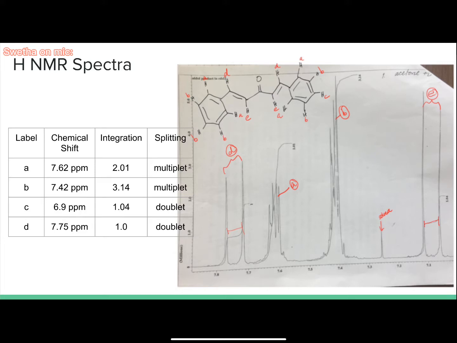This is the most downfield. Lastly, C is the most upfield and has a chemical shift of 6.9 ppm with an integration of 1. This is the beta proton near the carbonyl group.